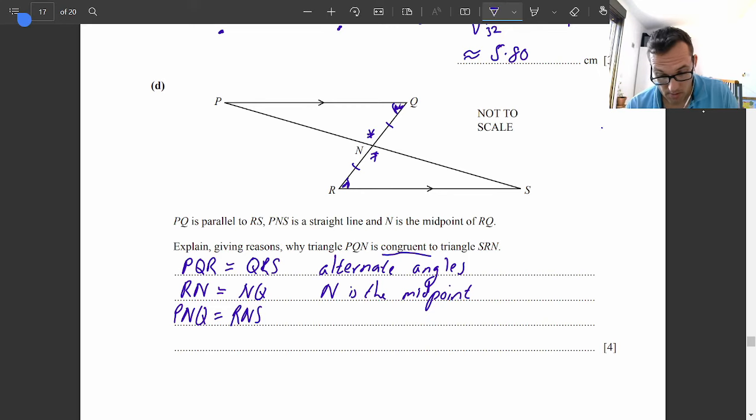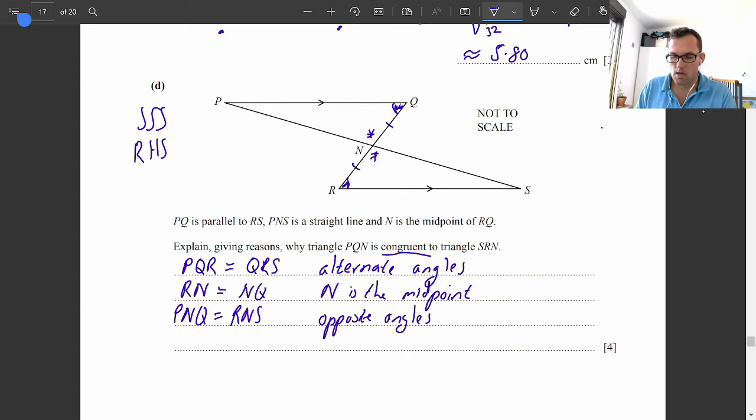I do get these in the right order. The N has to be in the middle there. Okay, and those are opposite angles. To prove congruence, we only need three things. Remember, three things. What was it? Side, side, side, right angle, hypotenuse, side, side, angle, side, and in our case we got an angle, a side, and an angle.